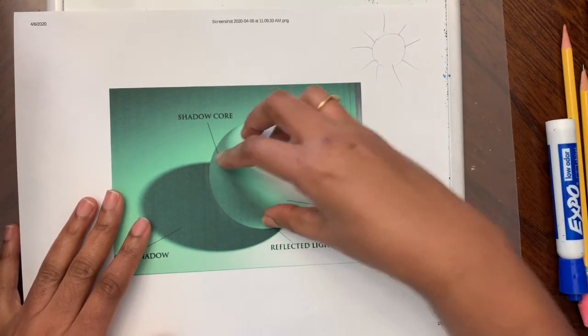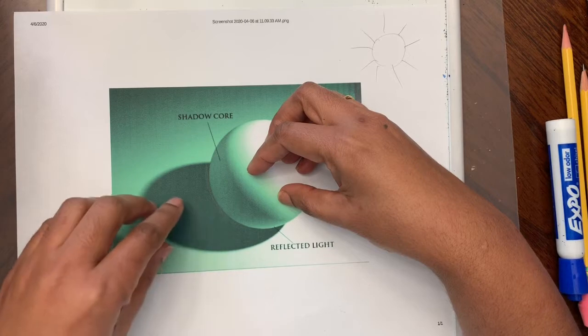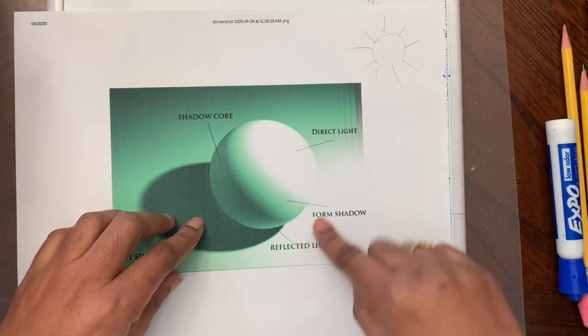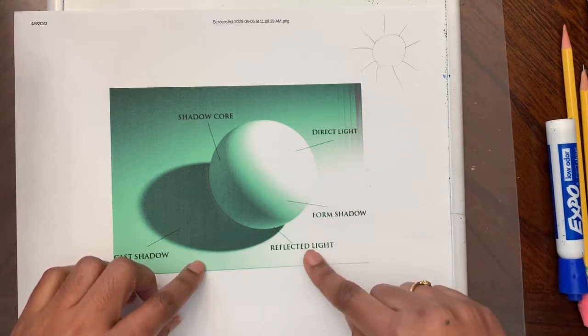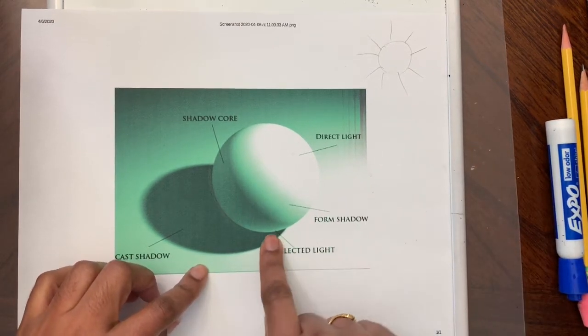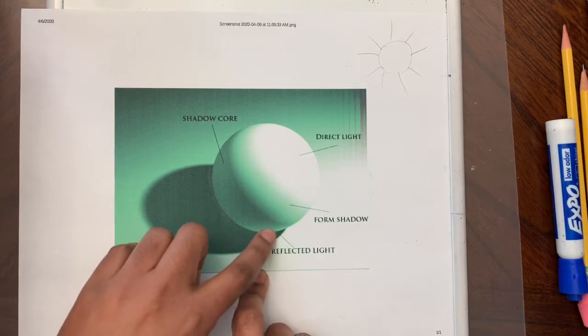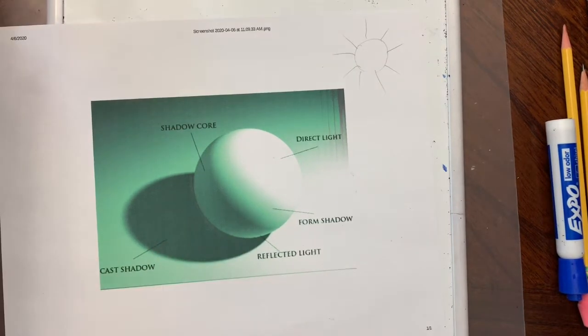It is sitting there and the light is falling, and then light also falls on this area over here. The light is reflected from here and then it goes and hits here. That's why it is called the reflected light area.